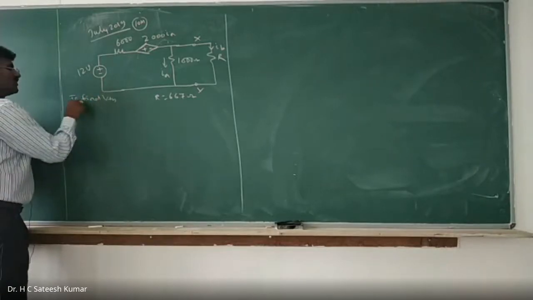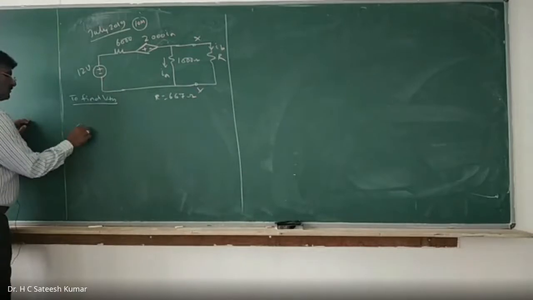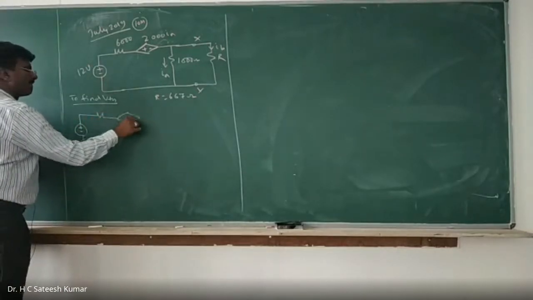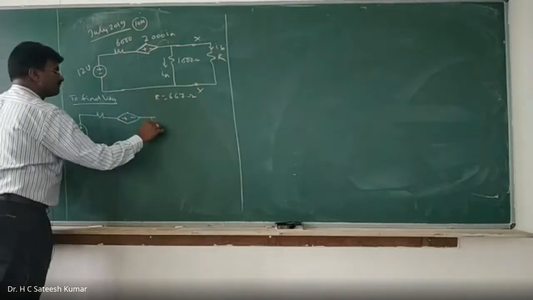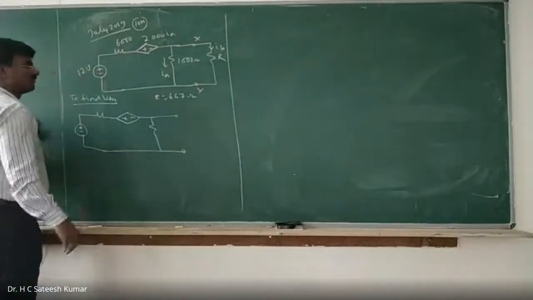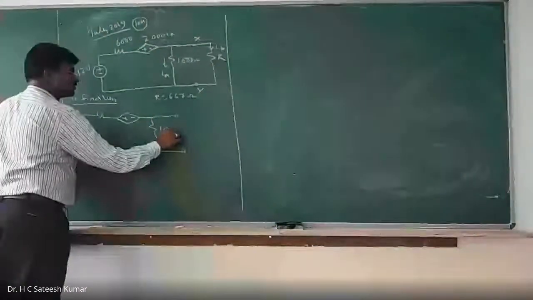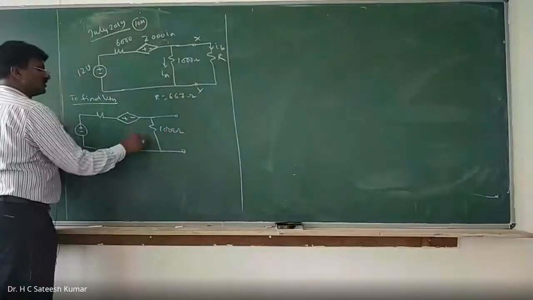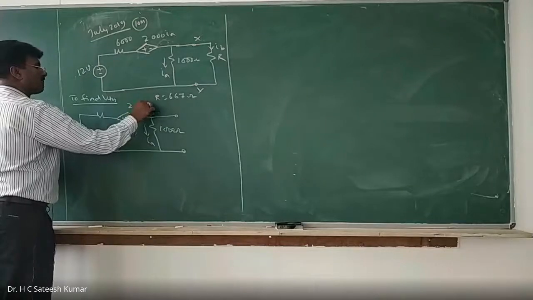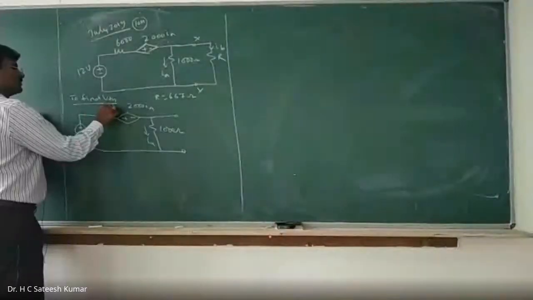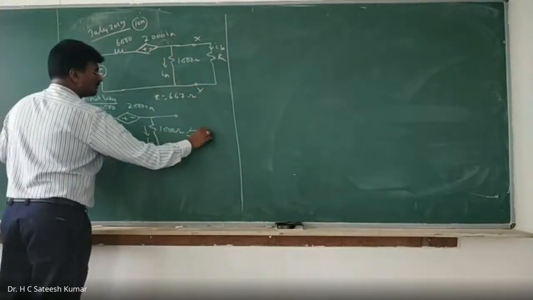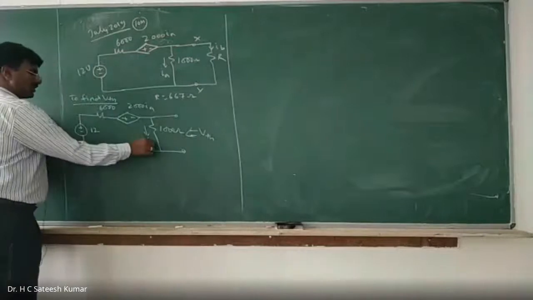First step is to find VTH. What should you do? Plus minus, and this is open circuited, and 1000 ohms, this is your IA, and this is your 2000 IA, and this is your 6000, and this is 12 volts. This is your VTH. Okay, right.